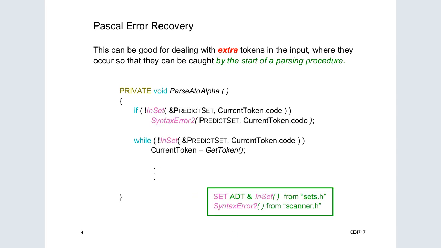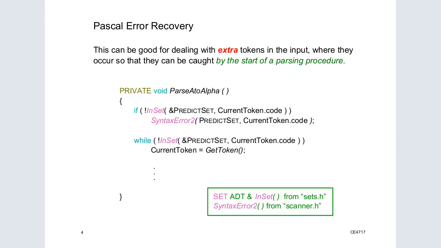If you want to implement that, of course, you usually don't have something like "is an element of." We don't have an inbuilt set type in C. So instead, I have an implementation of such a set type, and it's implemented in the library, and the header is in sets.h. So the function prototype is in sets.h, so you'd have to include that if you want to use this inset routine.